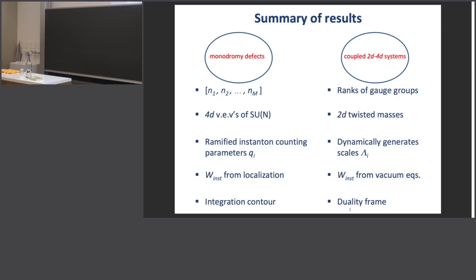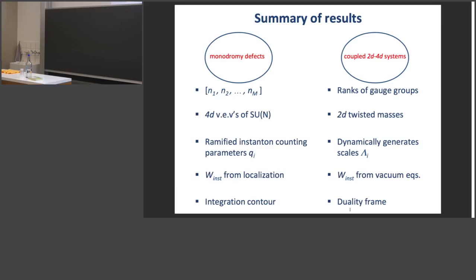Then I introduce Coulomb branch parameters in a four-dimensional SU(N). I have a ramified instanton partition function with some weights, Qi, m of them, and I can compute the effective superpotential using localization. And what I have to specify in this approach is the choice of integration contour, the prescription which leads to the result.